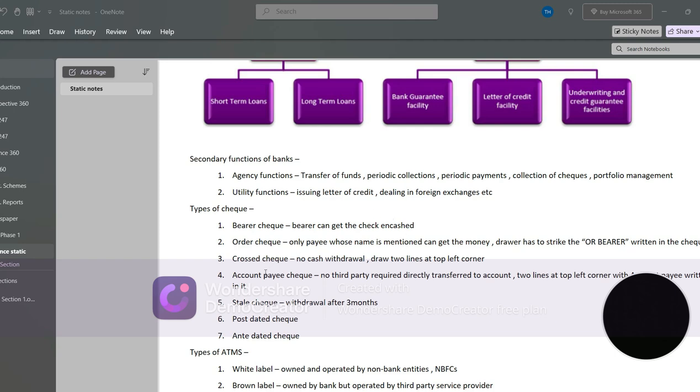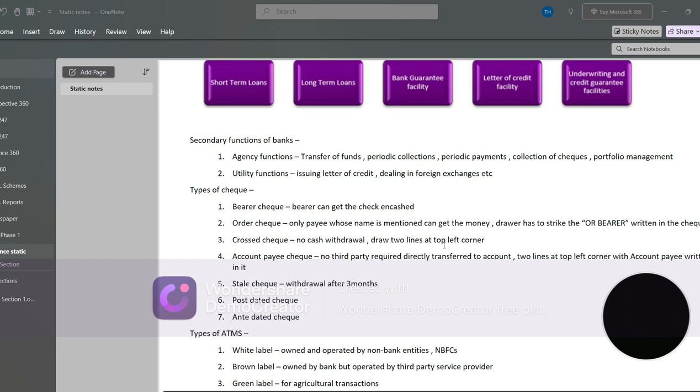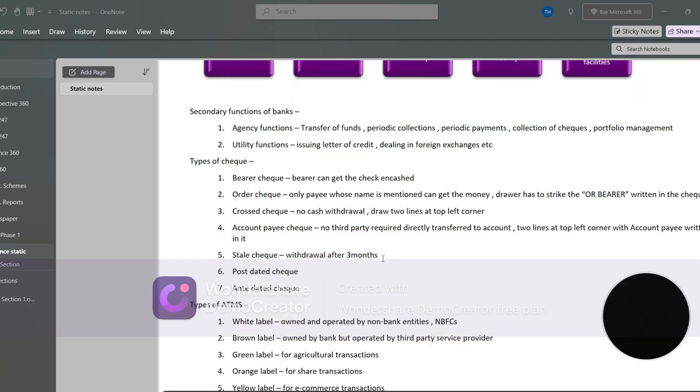Fourth is account payee check. No third party is required to transfer the cash. In this, two lines at the top left corner, just like the cross check, are drawn, and then between those two lines, account payee is written. And like I can drop the check in your name, and you may get the money transferred into your bank account.